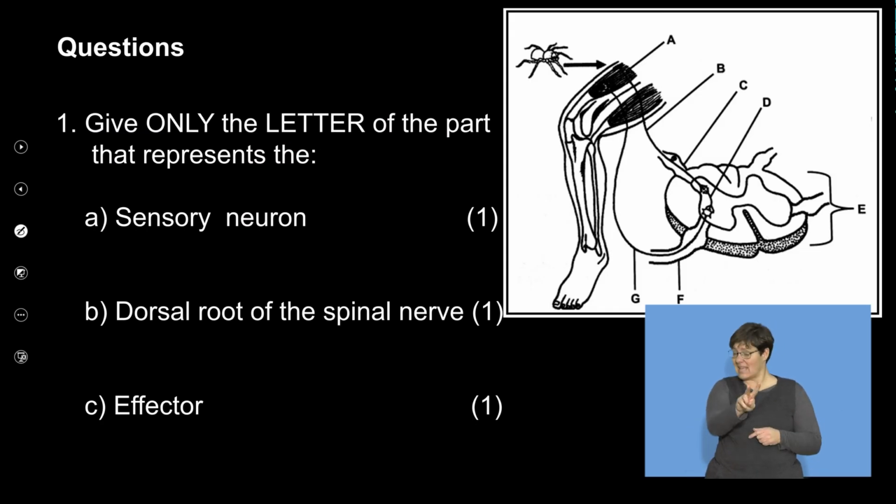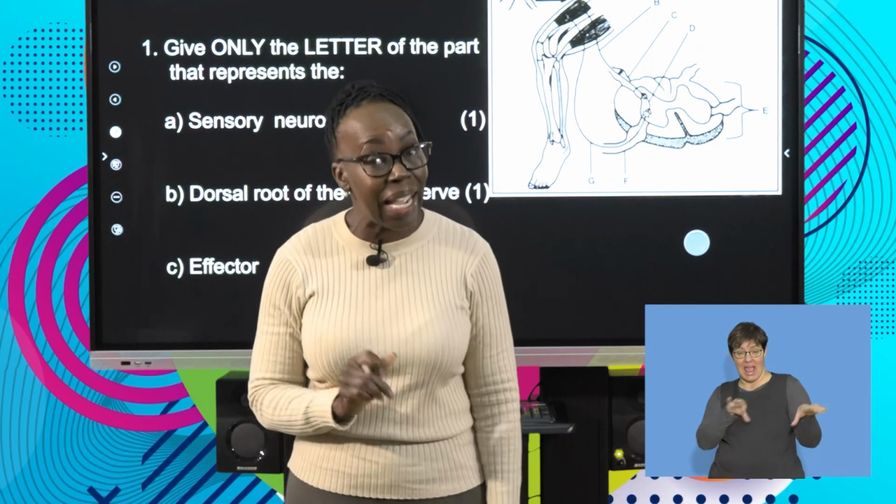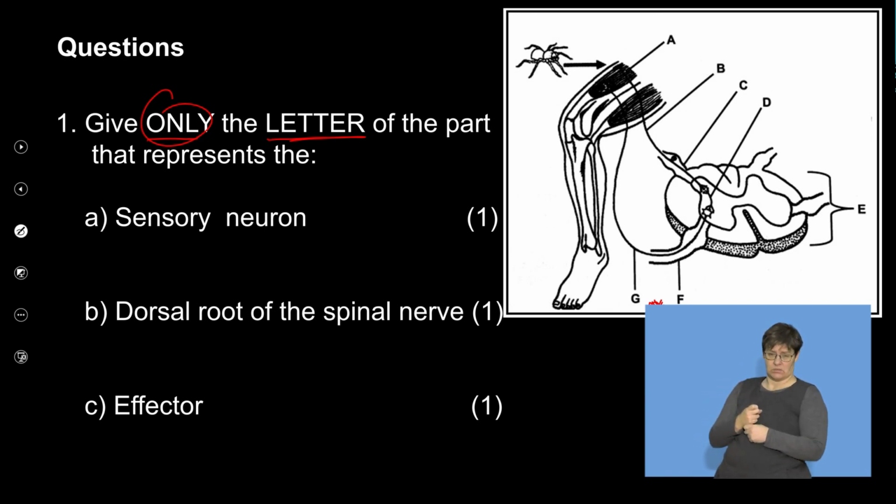Now let's see if you understood the reflex action and the reflex arc by answering the following questions. Number 1, it says give only the letter. But the first thing that you do, don't forget, you have to study the diagram to be able to answer the questions.